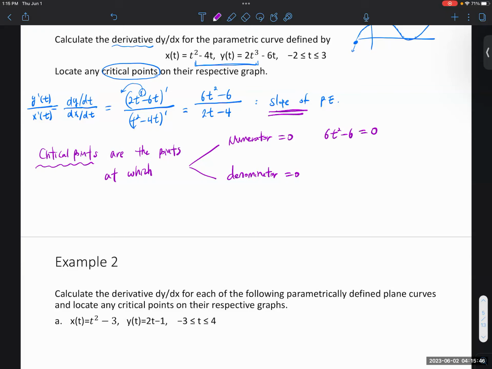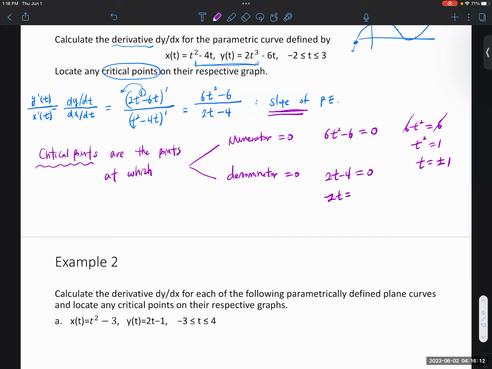And then I'm going to solve for t. So 6t squared equals 6. Cancel. t squared is 1. So t is going to be plus or minus 1. So at t equal to 1 and t equal to negative 1, you're going to find critical points, okay? Another case, the denominator is equal to 0. That is 2t minus 4 equals 0.